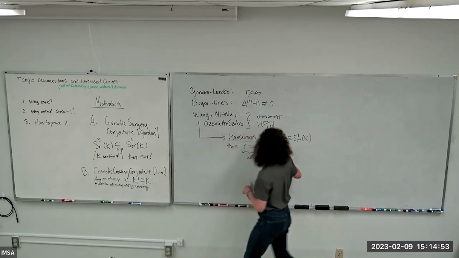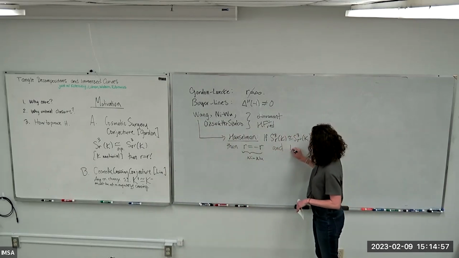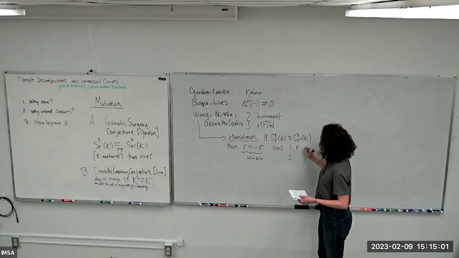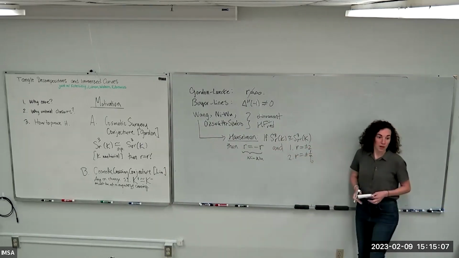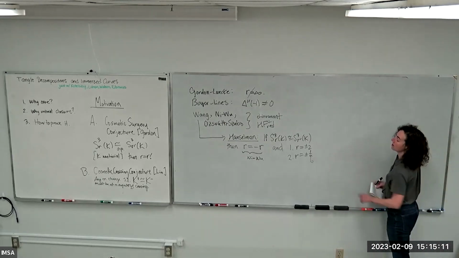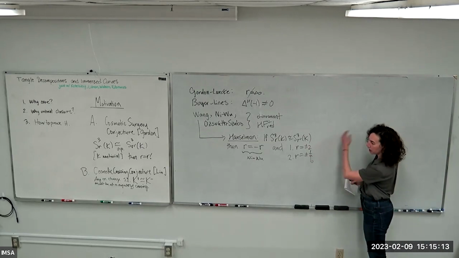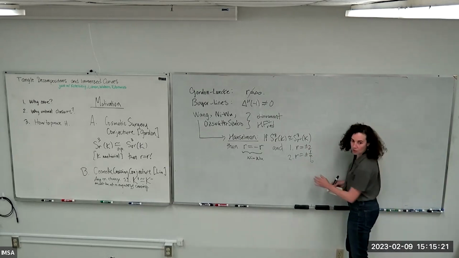But you know more about r, and it has to fall into one of 2 cases. Either r is equal to plus or minus 2, or r is equal to plus or minus 1 over some integer. Okay, so you have this pretty strong statement. And there's more content in Hanselman's theorem as well. Like there's information about the thickness bounds and in the Floer theory, but this is the part that we're going to be using.